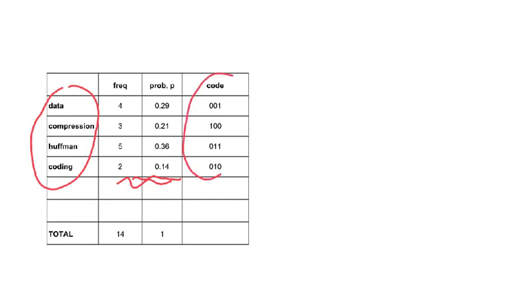Data translates to 001, compression translates to 100, and so on. Now how could we tell whether or not this coding system is prefix? Is there any characteristic that we can gather from this code that will tell us?